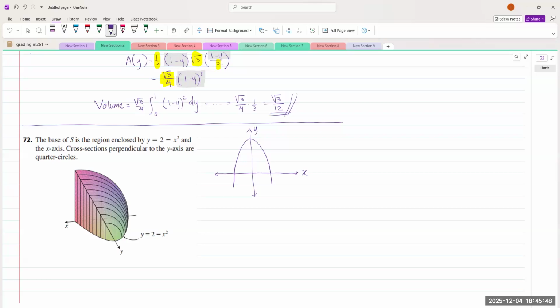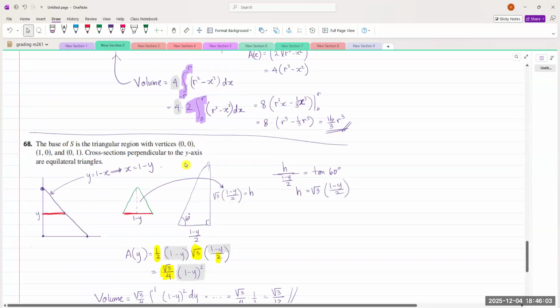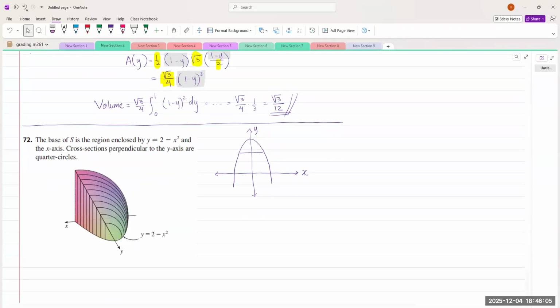Okay, so if I continue the drawing, yeah, this is what it looks like. Now, however, the cross section perpendicular to the y-axis, let me pick this one here, is a quarter circle.